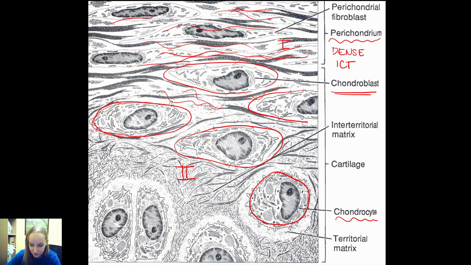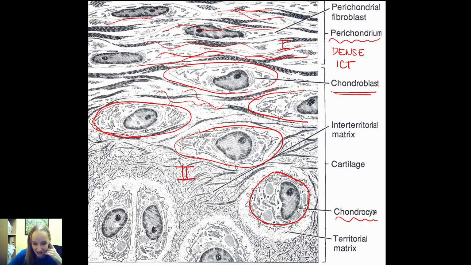These chondrocytes were formed by mitotic division, and we can see it right here. We have probably one mother cell here. For example, this chondroblast was divided into two cells, and they stayed together because the matrix around is so dense that they were not able to move from this place.